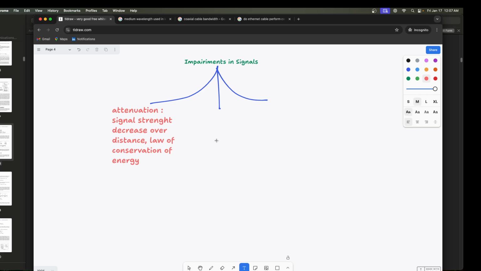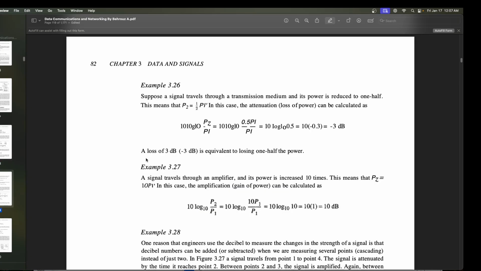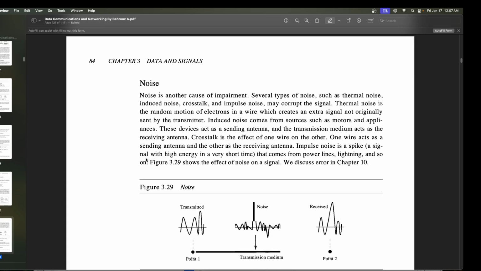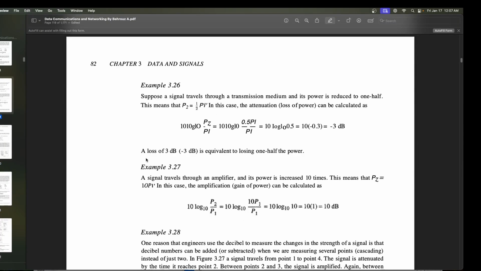Then next thing is distortion. Distortion is like shape change. Attenuation is loss of energy. Noise is basically, we have not talked about distortion.